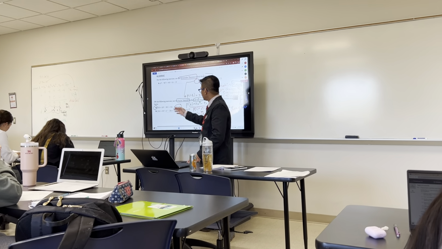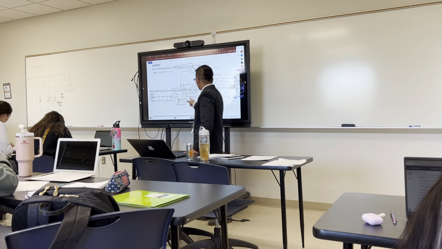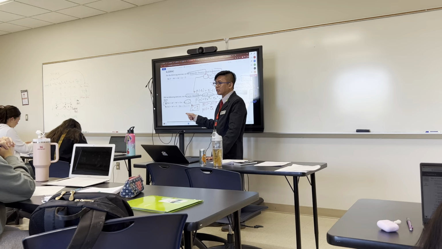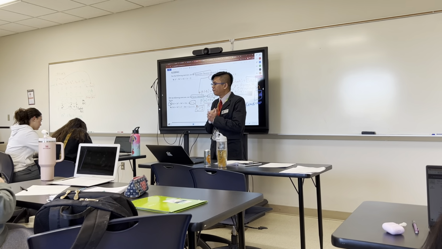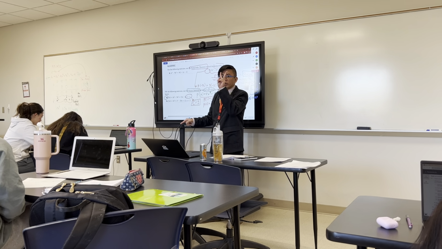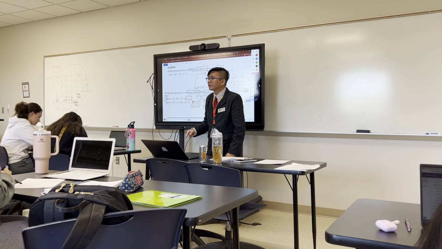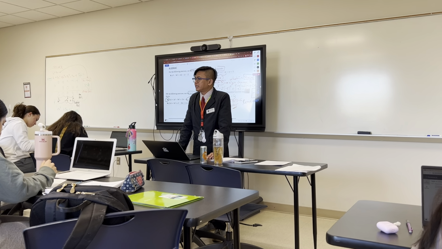So once again, this is a degree 3 polynomial, and x minus 1 is confirmed to be a factor. By the linear factorization theorem and the fundamental theorem of algebra, we're just looking for 2 more real roots. Are we good? And what's the best way to get the real roots?